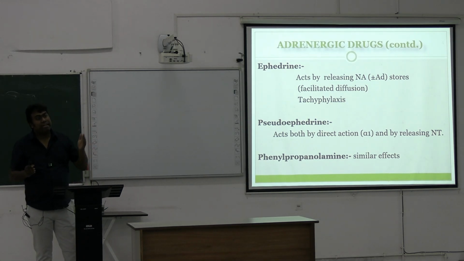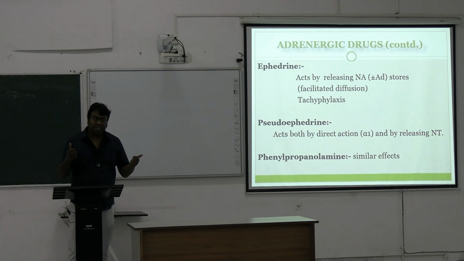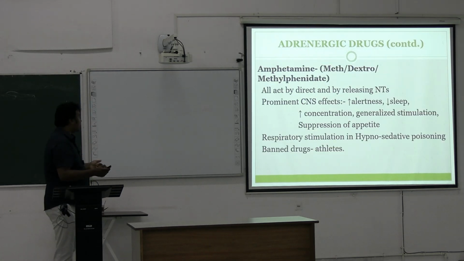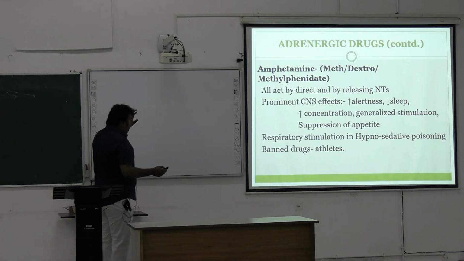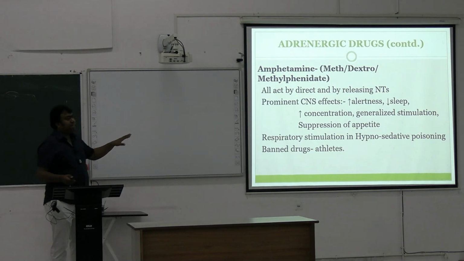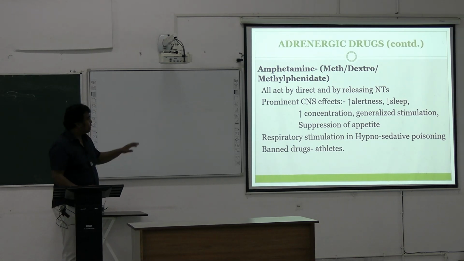This is called tachyphylaxis. With which drugs does it occur? Either indirectly acting sympathomimetic or mixed type of sympathomimetics. Amphetamine, methamphetamine, dextroamphetamine, all these act directly as well as by releasing neurotransmitter.